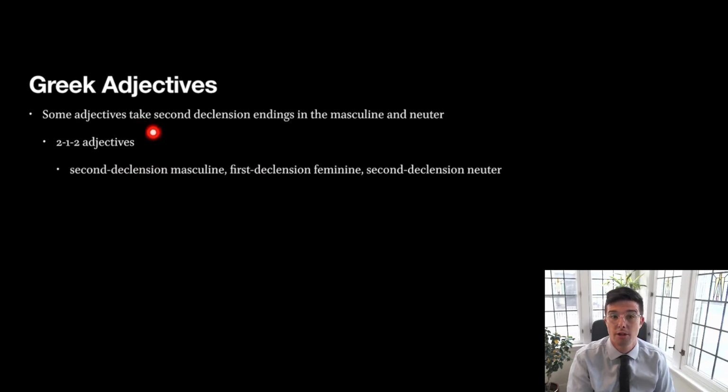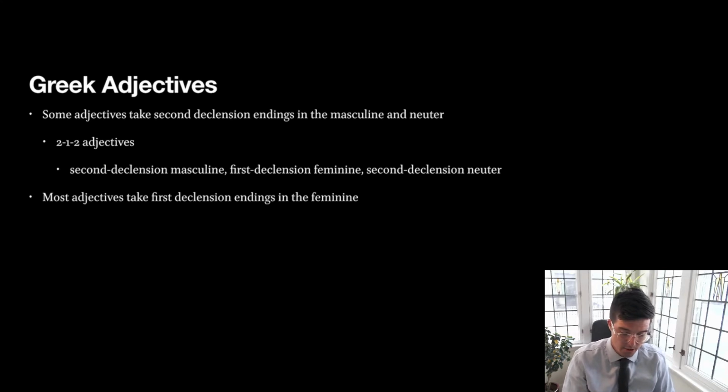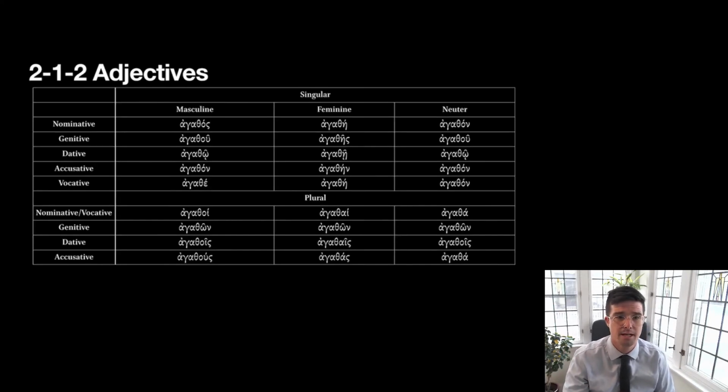This terminology is new, but the concept here is not new. So most adjectives for the feminine are always going to take first declension endings. The exception is on that last slide, the two termination adjectives that don't have a separate feminine form, where the second declension masculine form covers the feminine. In that case, the feminines don't have their own separate first declension endings.